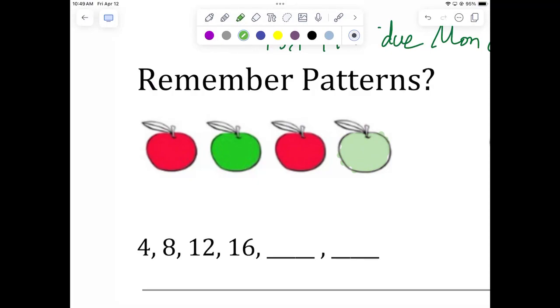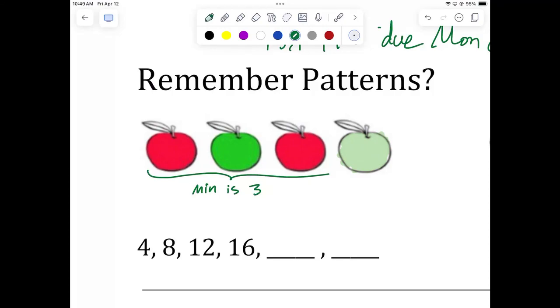Now, what if I just gave you the first two? What if I just said red apple, green apple? Could you predict the next one is red? Eh, not with as much confidence, right? So to develop a pattern, we usually need to see at the bare minimum three. The minimum is three to recognize the pattern. Any fewer than that, and the pattern can be anything.